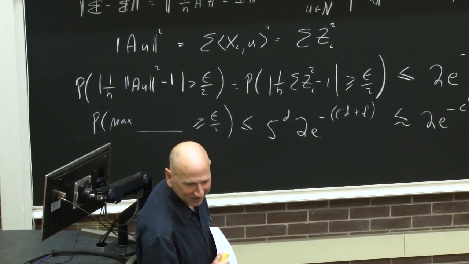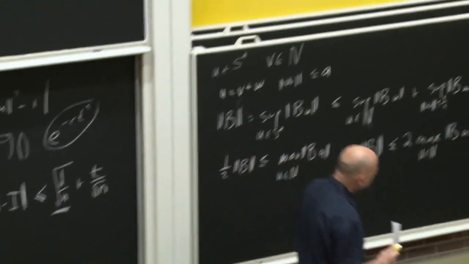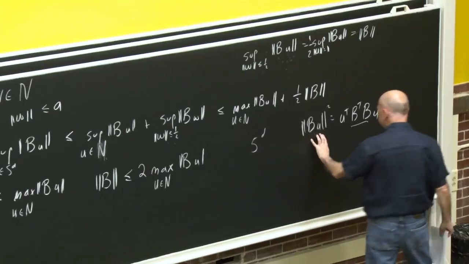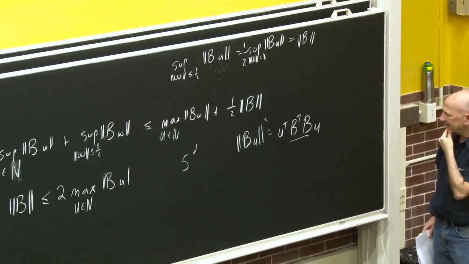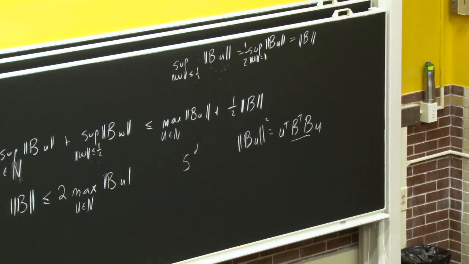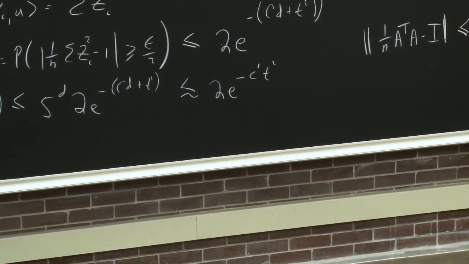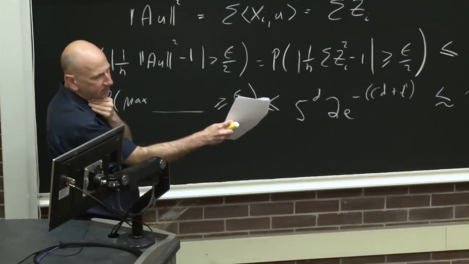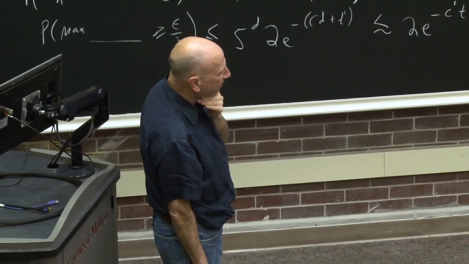I think if you expand u with the eigenbasis, then you're fine because you're taking the maximum anyway. Oh, I see. So this term is basically the Rayleigh quotient, that's correct. It just doesn't line up with exactly what I wrote there.